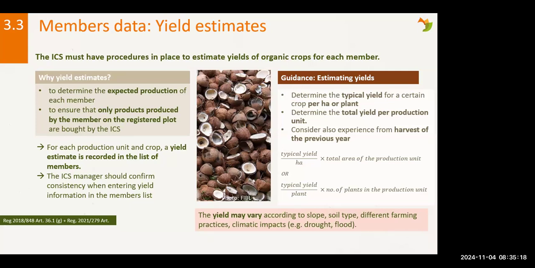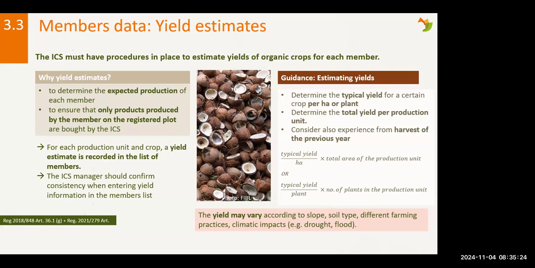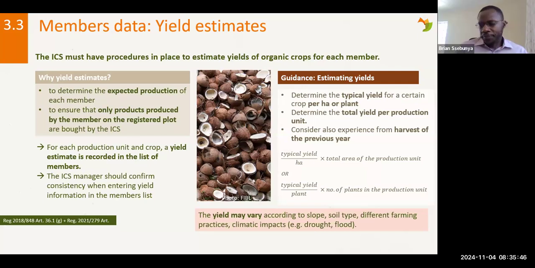So if FAOSTAT says, as an example for pineapples, their value is 10 tons per hectare, then my formula should not exceed the value that FAOSTAT has set. Help me understand that. Is that the right way to do things, or can I have my own values as long as I can defend them?